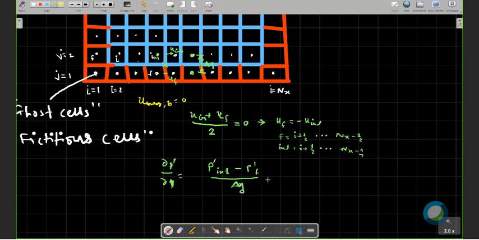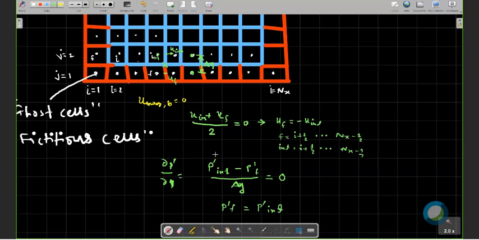That is your forward difference, and that has to be equal to 0. Based on this, the p prime f value will be equal to the p prime interior value. Your f is varying from plus half to nx minus half, and the interior is also varying similarly.